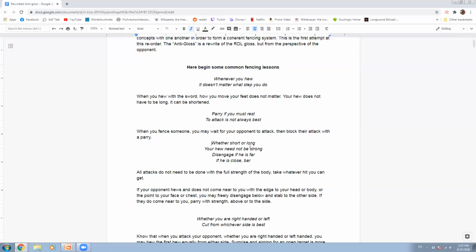I think both of them are valid attacks. I think there's reasons to do either one, an attack to the head or a cut into a stab. I think it plays on the idea that the common fencer or the anti-gloss fencer is a defensive fencer. They're very binary.